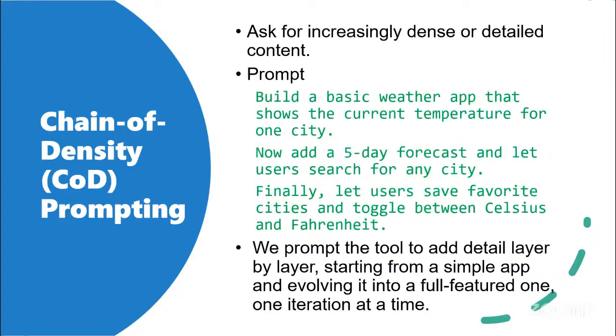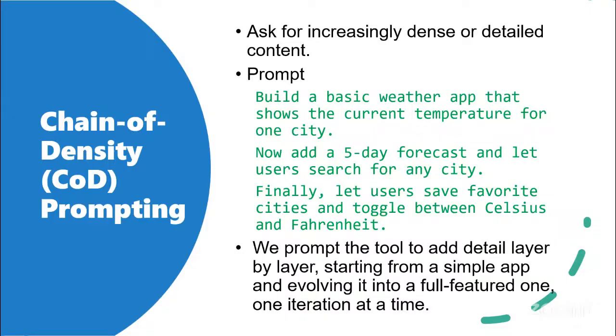There is another one, chain of density prompting. This is where we ask for increasingly dense or detailed content. Like zero shot prompting, some of these are composite. You start with a zero shot prompt, you ask it to build something.